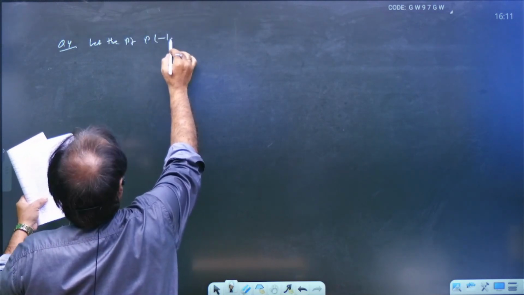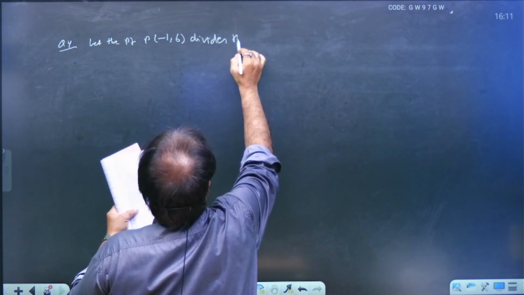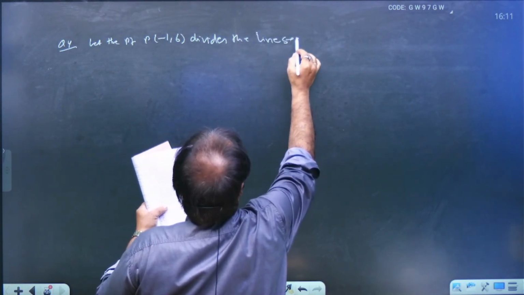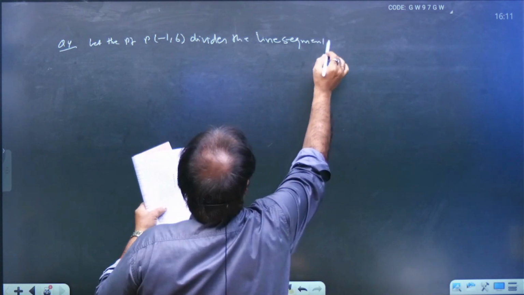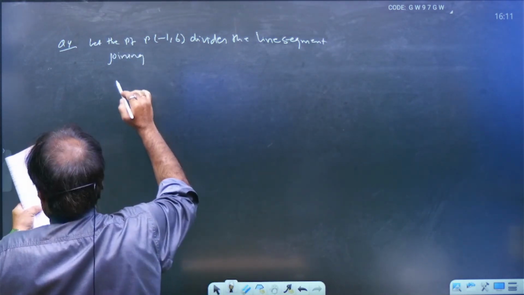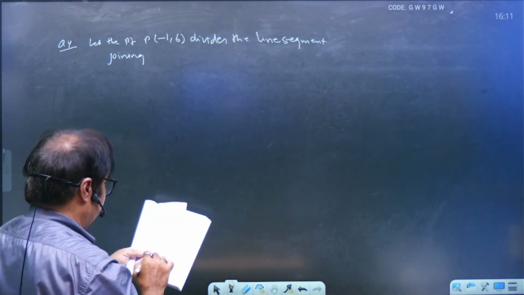P minus 1, 6 divides the line segment joining, okay, I am taking the words from the question also.